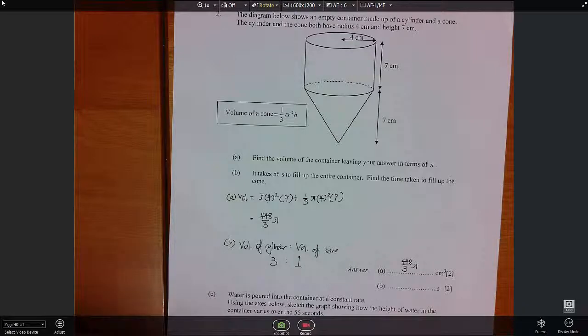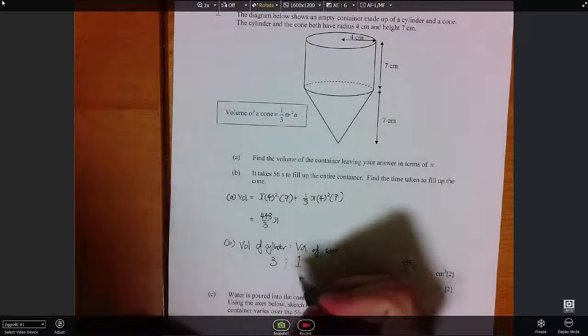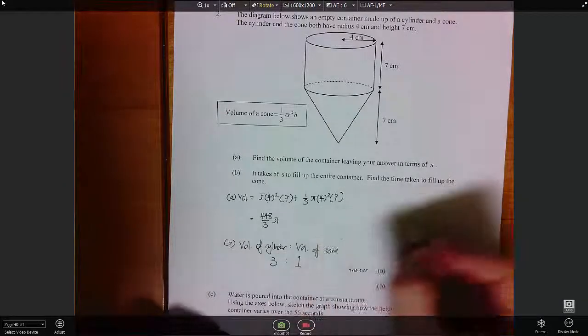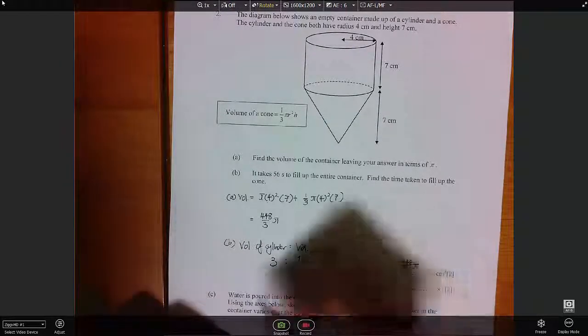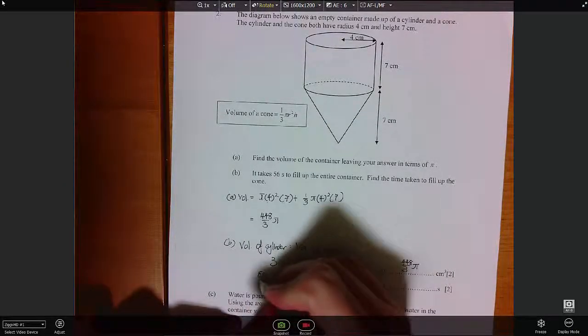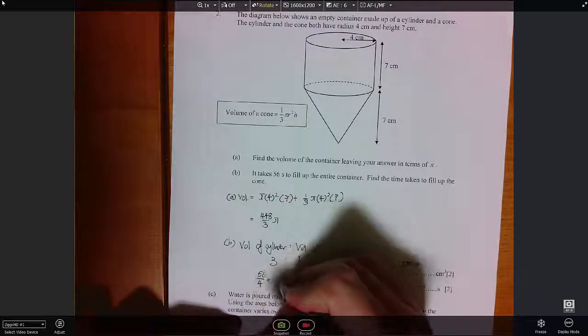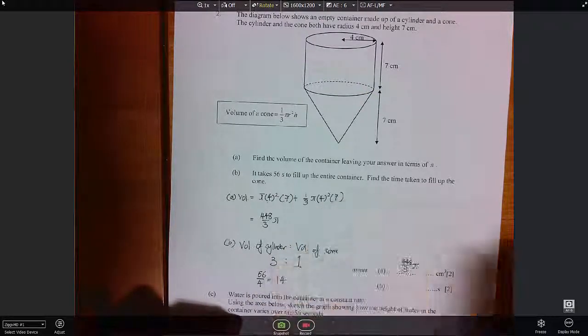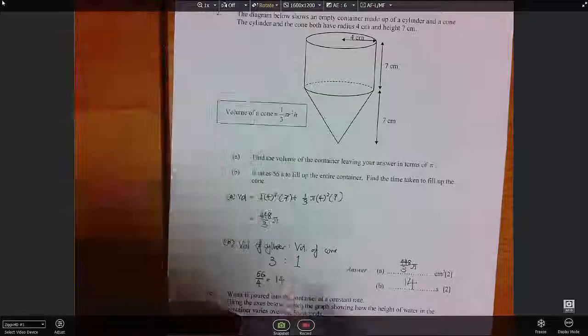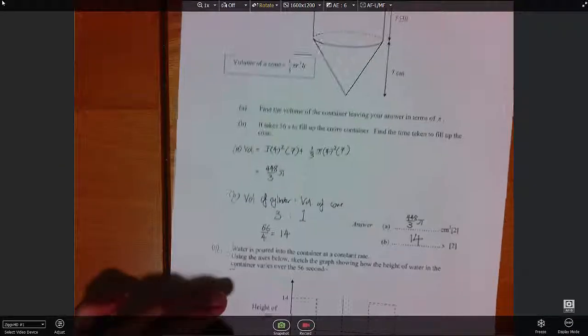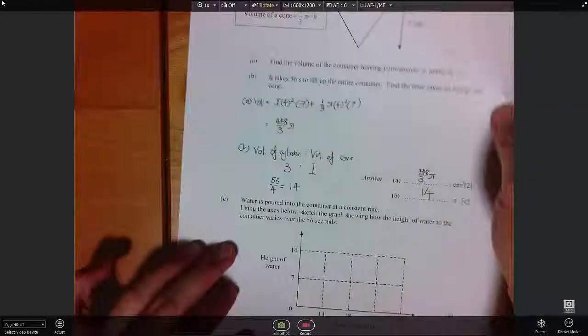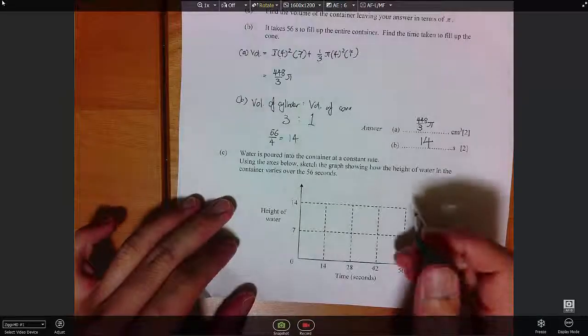So if it's 56 seconds to fill the entire container and 4 parts is the entire container, and I want to fill just the cone, which is 1 part, I just take 56 seconds divided by 4. I will take 14 seconds to fill the volume of the cone. This one is quite simple if you know the trick to it.